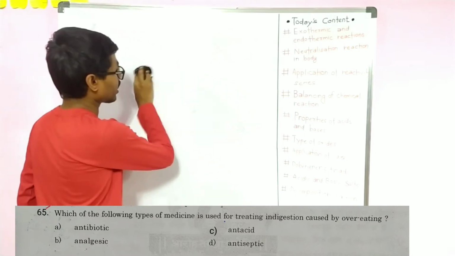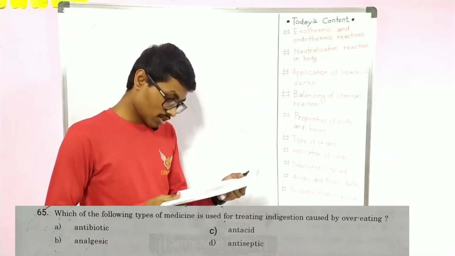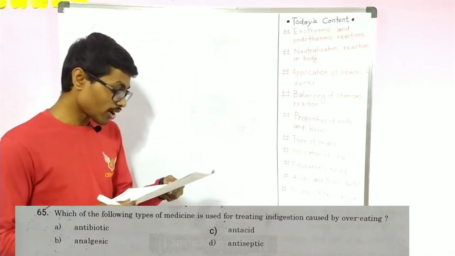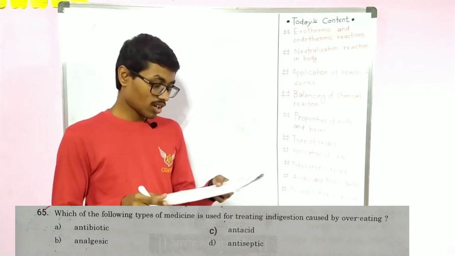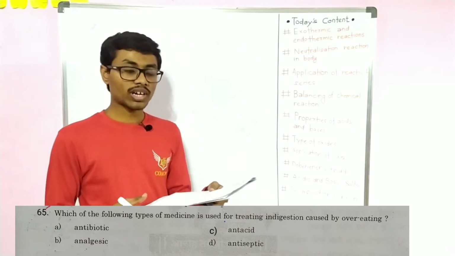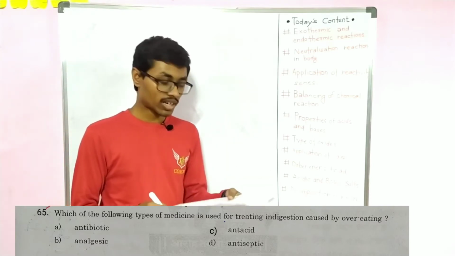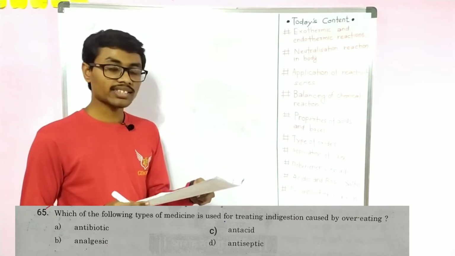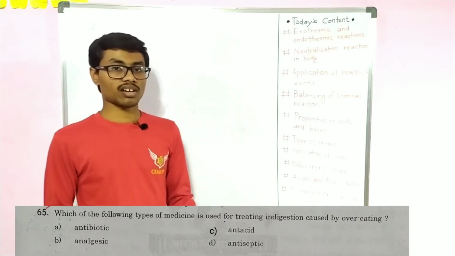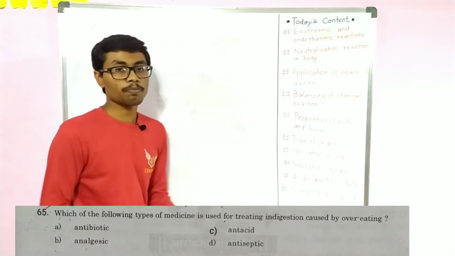They have given analgesic, antibiotic, and antiseptic also. Antibiotic is a compound that prohibits growth of microorganisms or fights against microorganisms in our body. Analgesics are painkillers; when operations take place, analgesics are taken to reduce the pain.